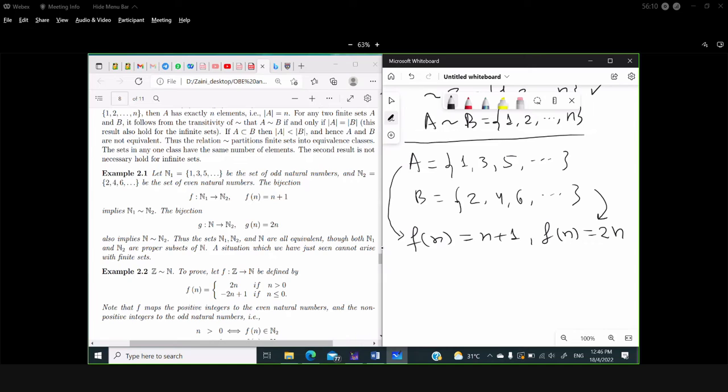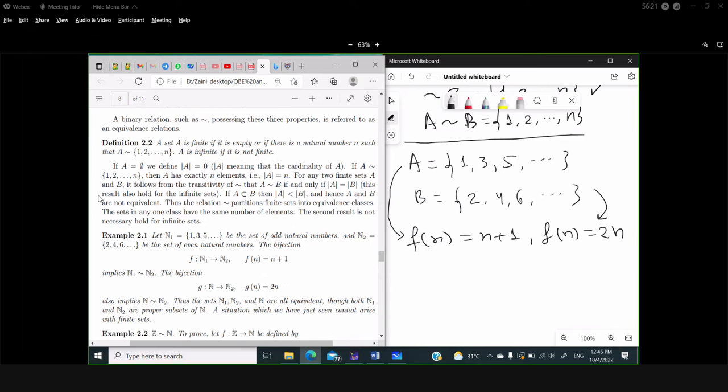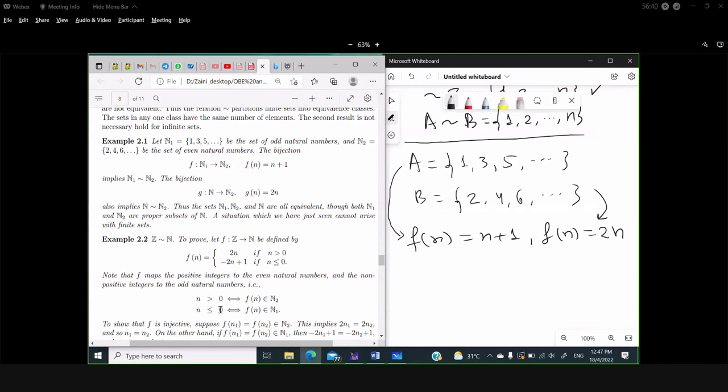If we are able to find the bijective function, then these two sets are equivalent. So I'm going to prove this. The set A is equivalent with the natural number set. For the first case, this function implies N1 is equivalent to N2.